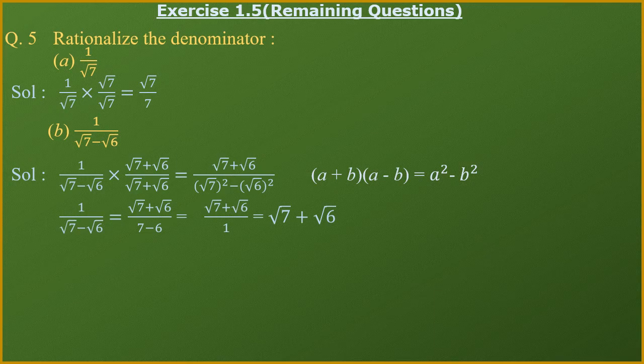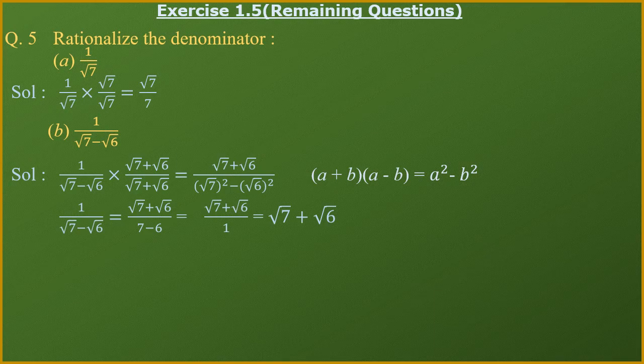You can say one more thing here, alternatively: root of 7 square means square and square root are going to cancel and only 7 is remaining. From 7, if you subtract 6, it becomes 1, and 1 we can ignore while writing the answer because upon 1 there is no meaning. Okay, so my answer is root of 7 plus root of 6.